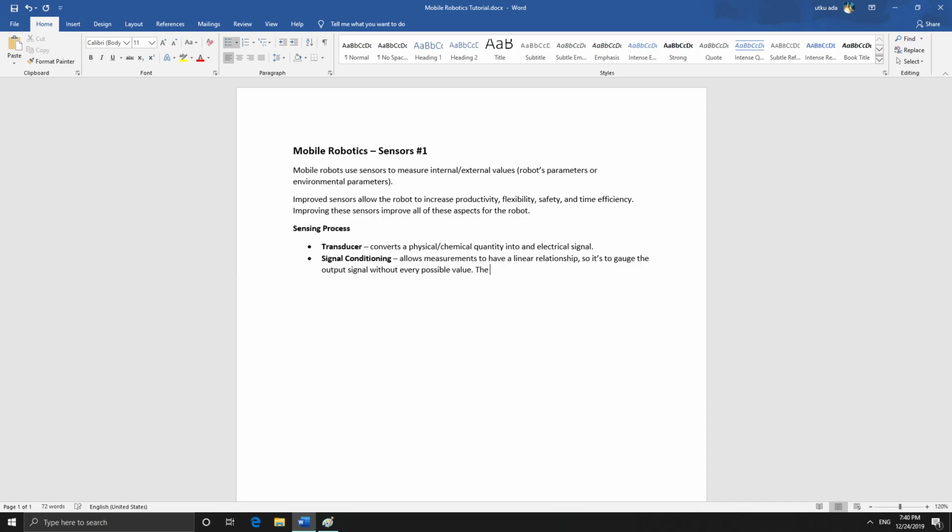So the signal conditioning unit allows the signal to be linear and proportional to the quantity being measured.